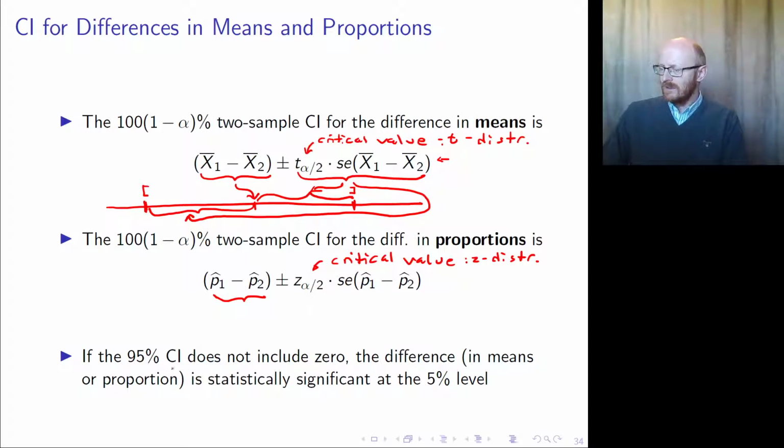So if this 95% confidence interval does not include 0, the difference in means or proportion is statistically significant at the 5% level.